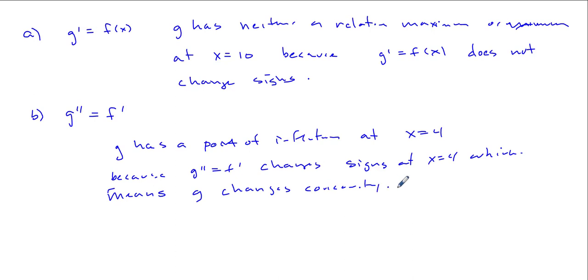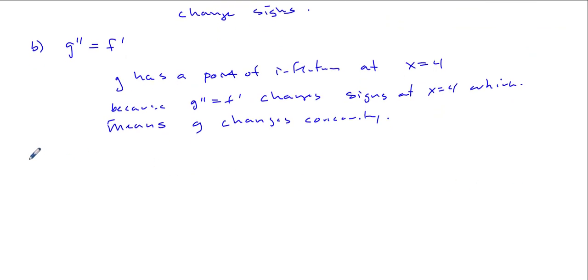All right, so far we've only accumulated 3 points. 1 point for writing this first one down, 1 point for the answer and reason, 1 point for the answer and reason. Okay? Part C.